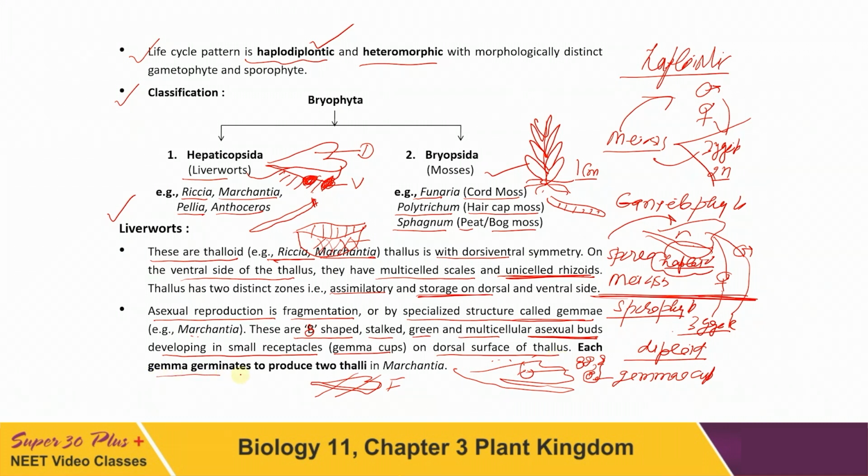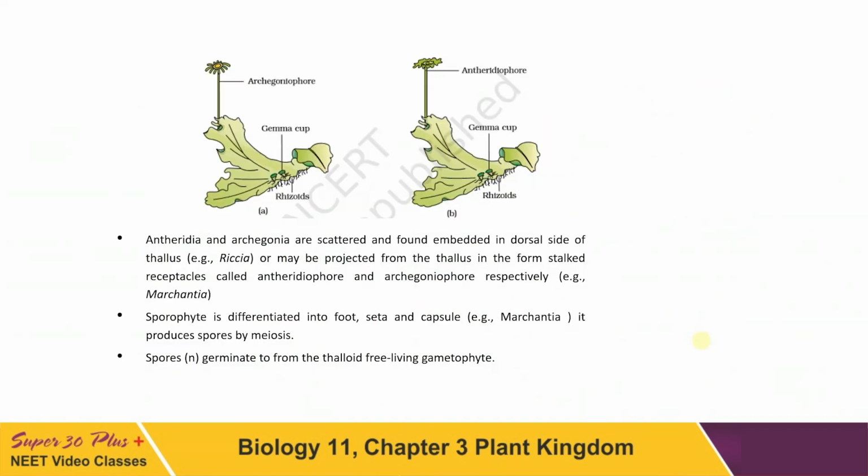Each gemma germinates to produce 2 thalli, meaning they will be released, these two structures will be separated, and they will develop into the 2 thalli in Marchantia. Is it clear? In Marchantia, you have to remember an important question: asexual reproduction is by gemma formation.